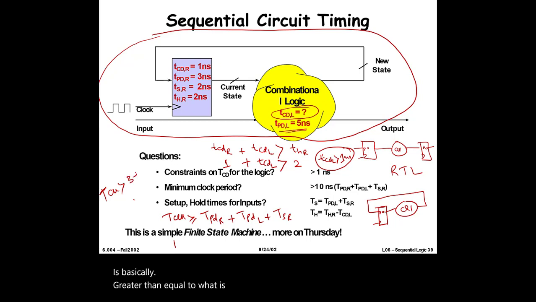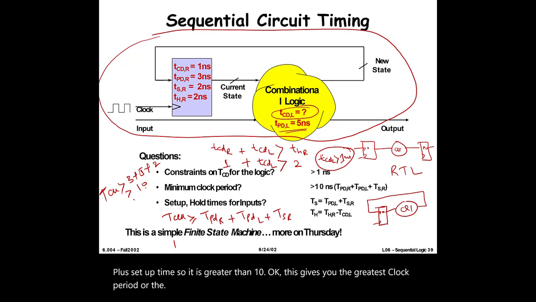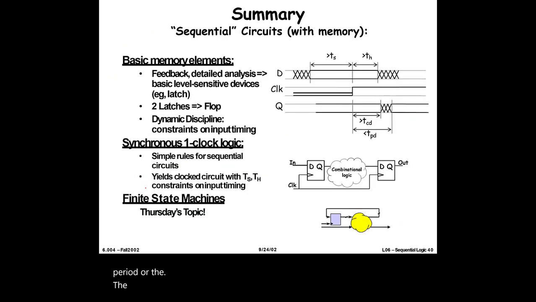It is 3 plus 5 plus setup time, so it is greater than 10. This gives you the smallest clock period, or the maximum frequency, in other words.